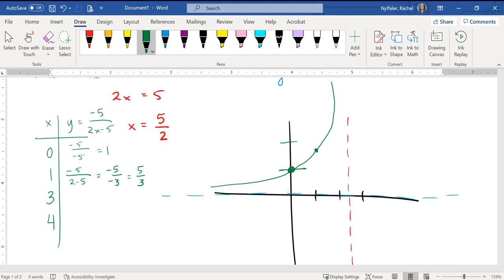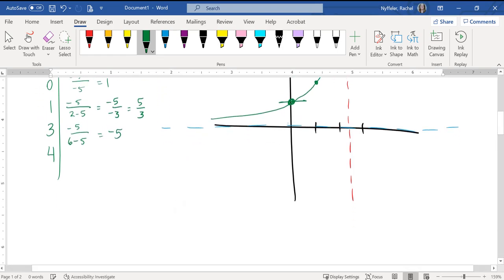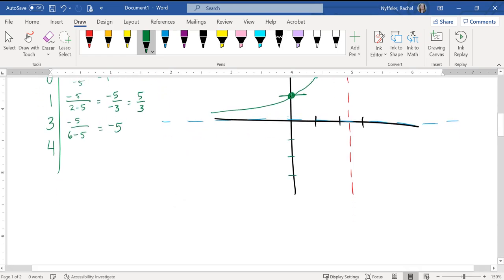If x is 3, I get -5 over 2 times 3, which is 6 minus 5. So -5 over 1. I get 3, -5.